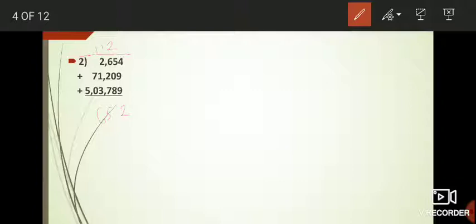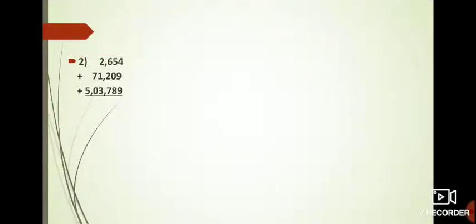That is 2 plus 1, 3 plus 1, 4. 4 plus 3 is 7. No carried over is here because single number is there. 7 plus 0 is 7 and 5 is as it is. So answer is 5,77,652 students. Okay.